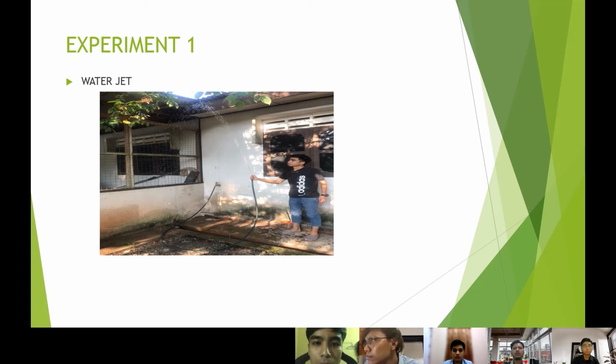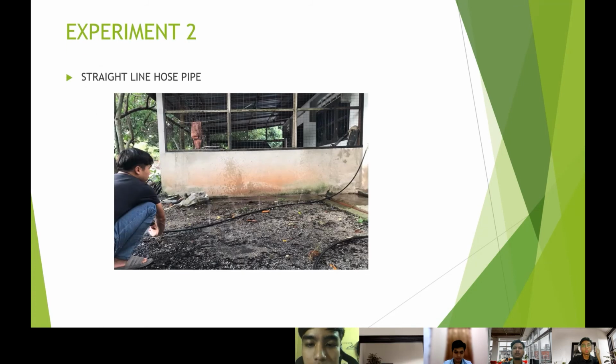From that we collect the data. The Z of the experiment is 1.4 meter, and the time taken to get 2000 milliliter is 16 seconds.